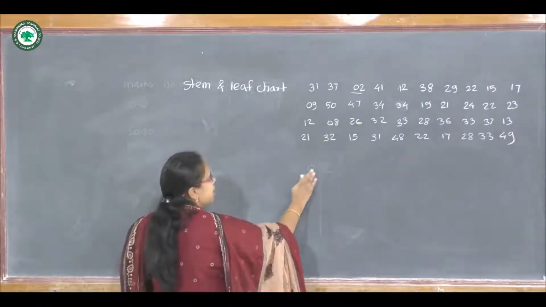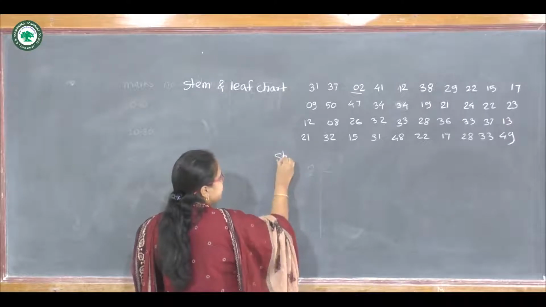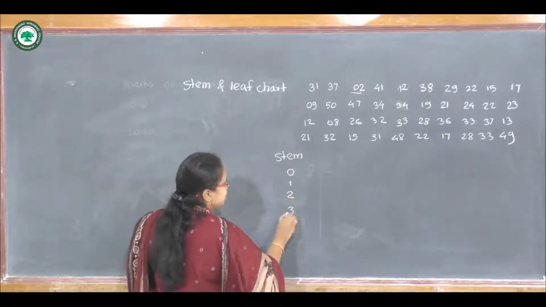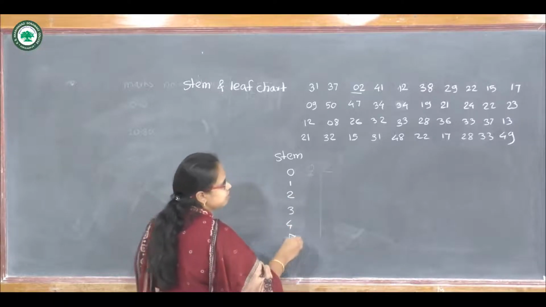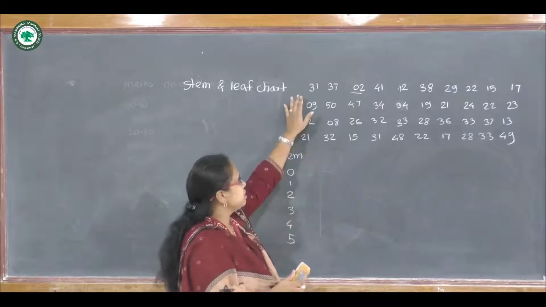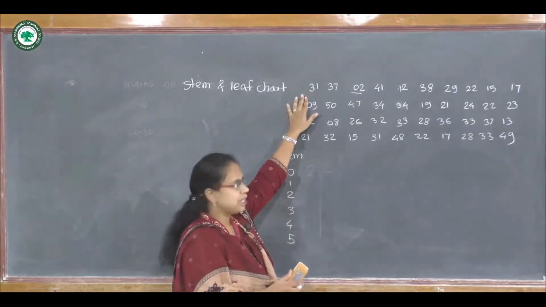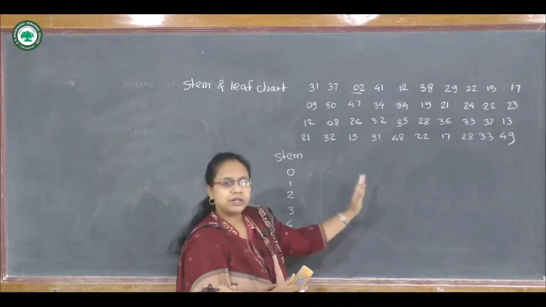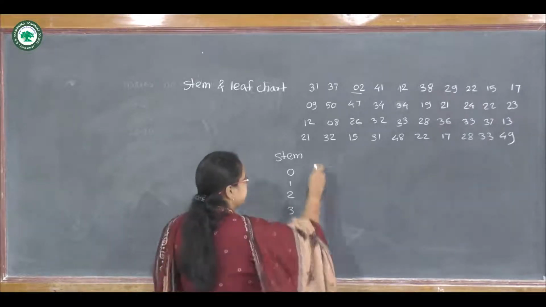So here I will write stem: 0, 1, 2, 3, 4 and 5, and now I will observe each observation in the given data, and the leaf can be written in front of the stem.